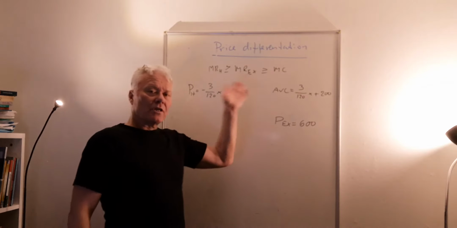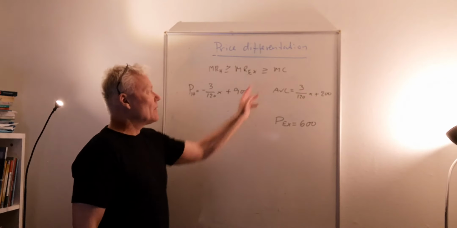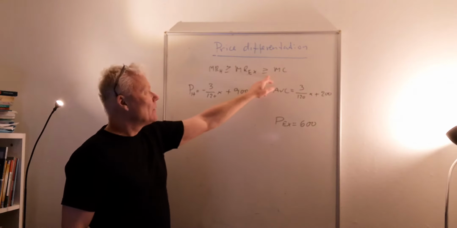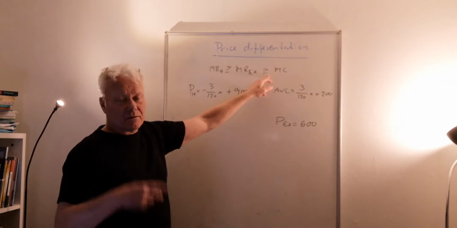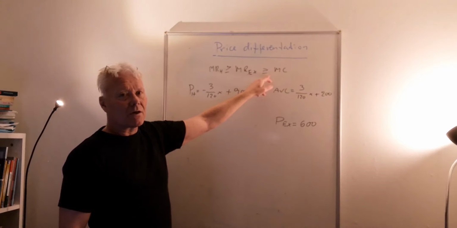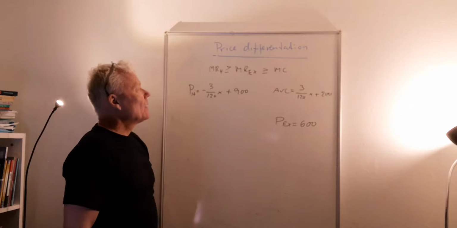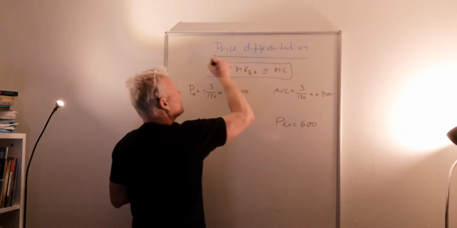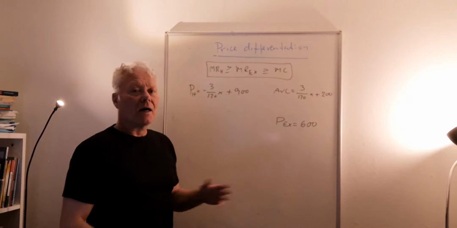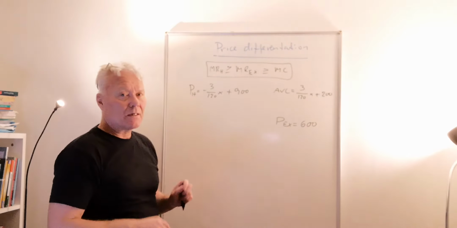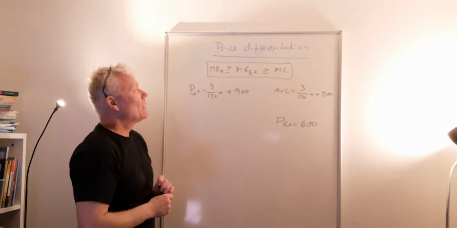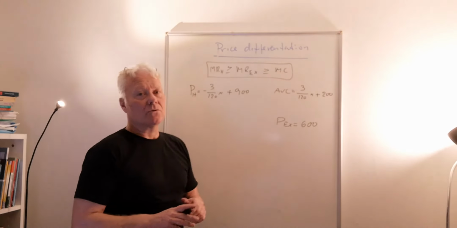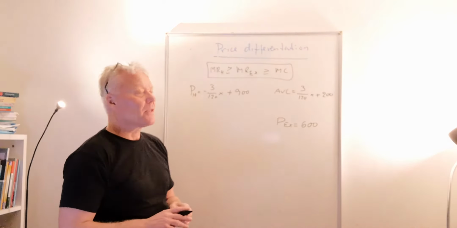And in both cases, you should never sell more than till when marginal revenue is equal to marginal cost. So that's the ground rule. Marginal revenue on the home market has to be higher than or equal to the export market marginal revenue, and that one has to be equal to or higher than the marginal cost.